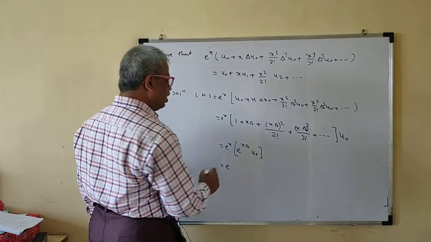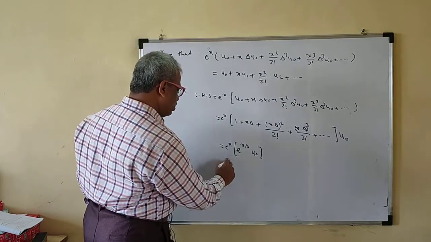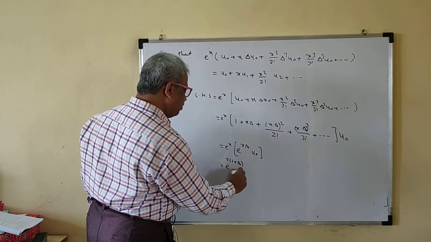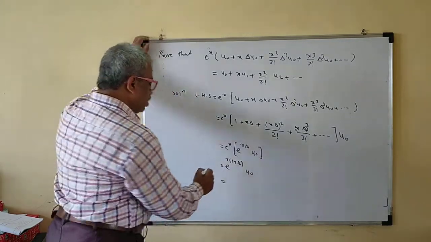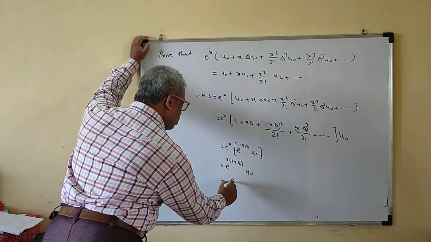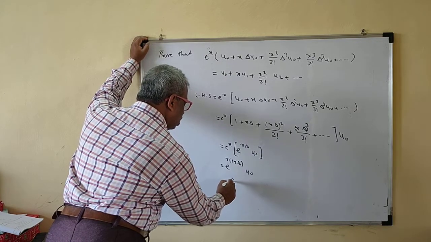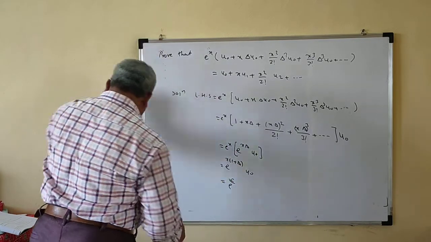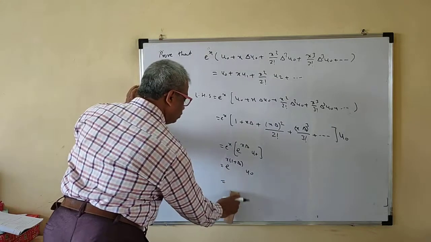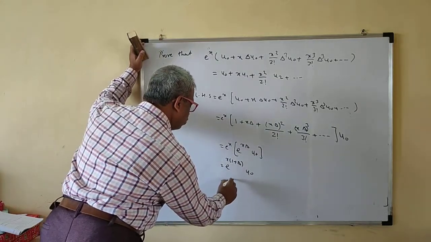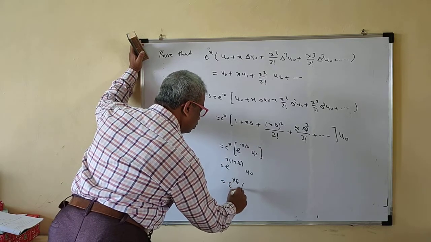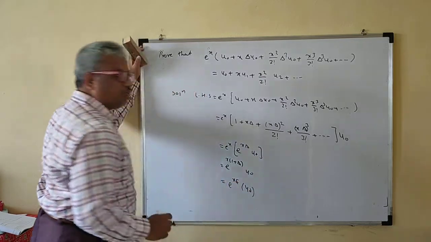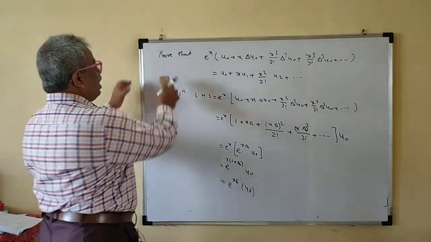So this is nothing but e^x times e^{xE} u_0. This is an operator now, right? So we'll expand this now.